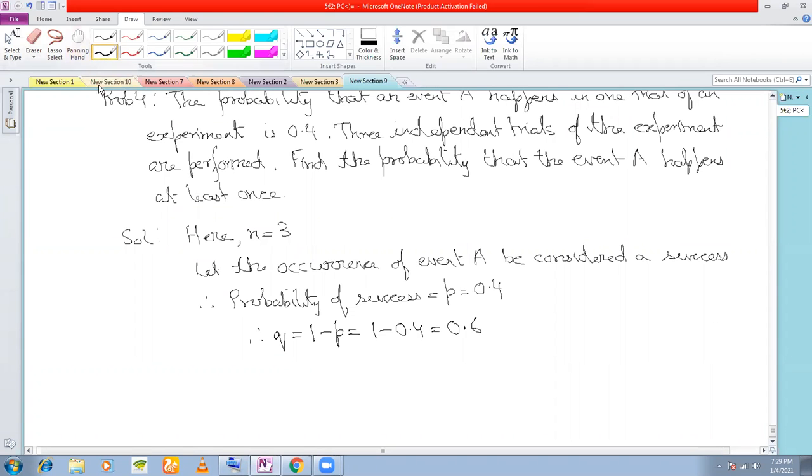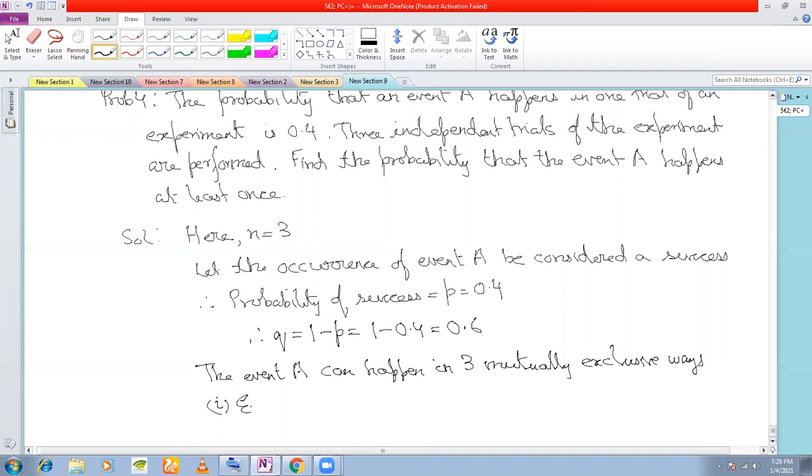So the event A can happen in three mutually exclusive ways. What are the ways? One way is event A happens only once.